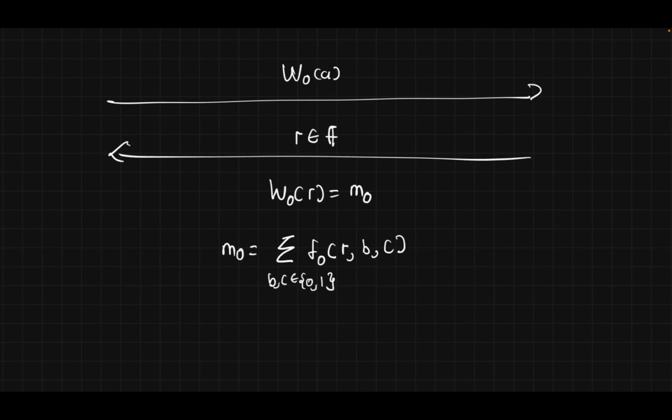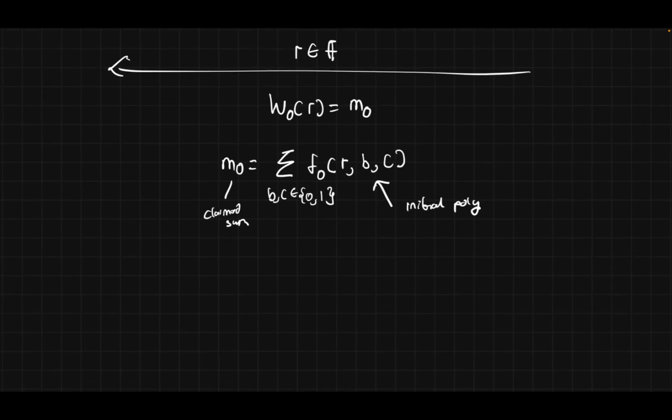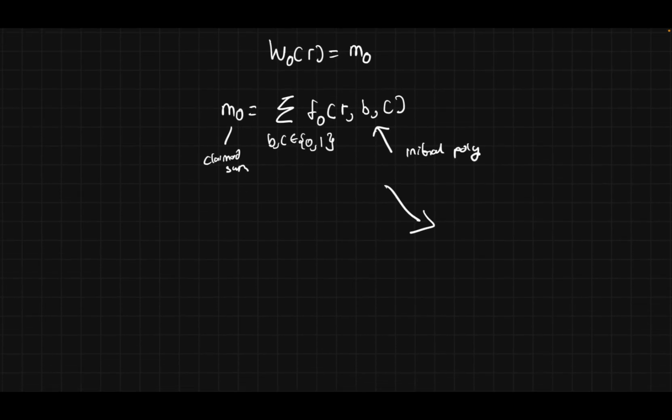This is a sum check problem. M0 is the claimed sum, and F0 of R, B, C is the initial polynomial. Now you have a sum check problem, so you can invoke the sum check protocol. You now have the prover and the verifier again.